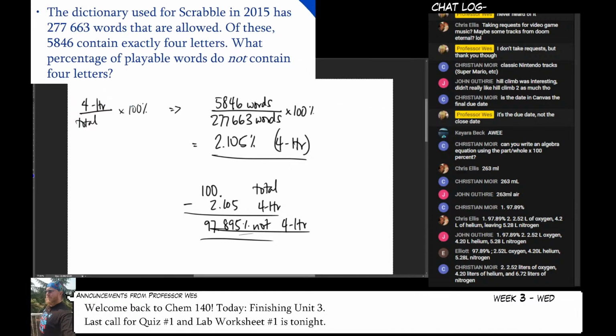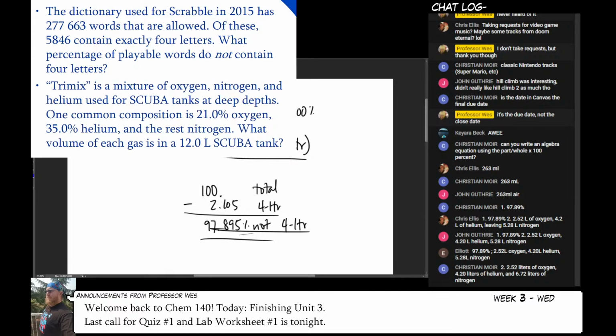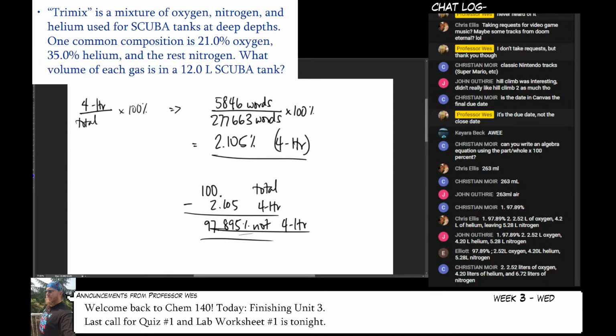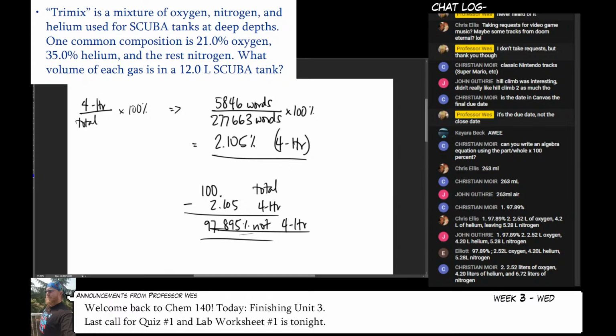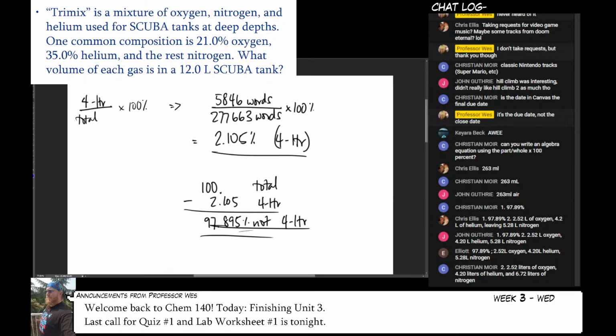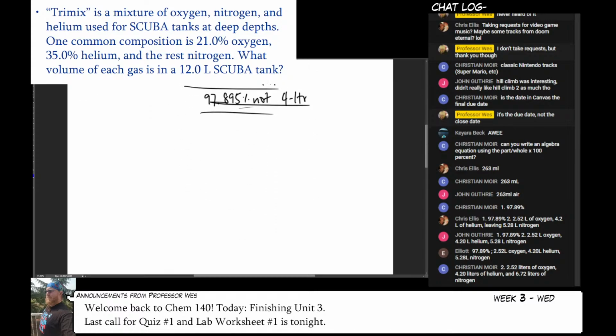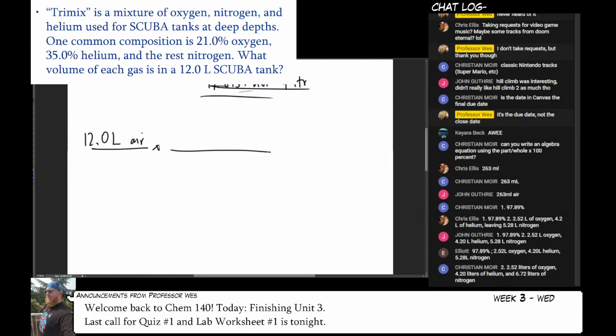All right, the next one. There's our mixture for our air in a scuba tank. And so if I have 12 liters of air, well, quote unquote air in a scuba tank, for oxygen, that would be, if it's 21%, so that's 21.0 liters of oxygen per 100 liters of air.